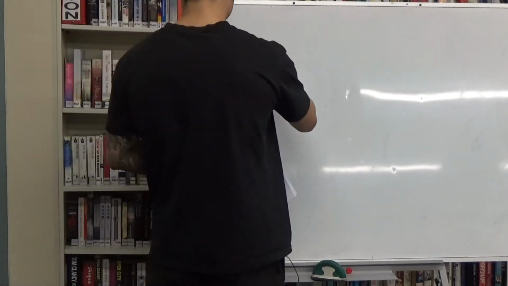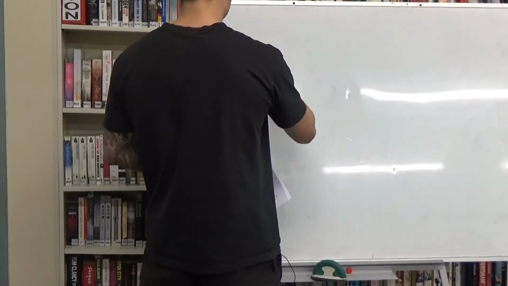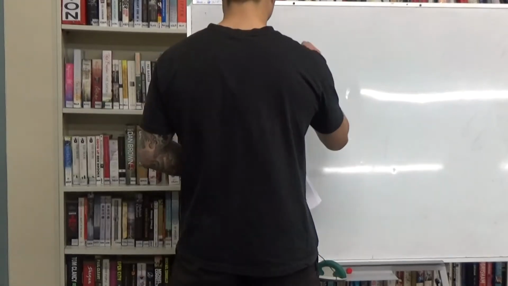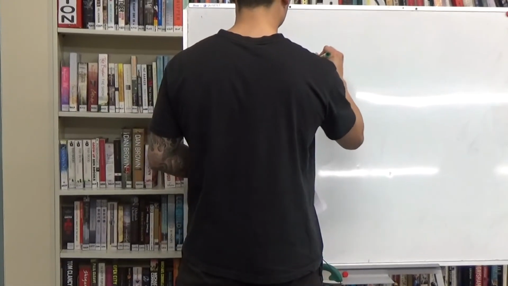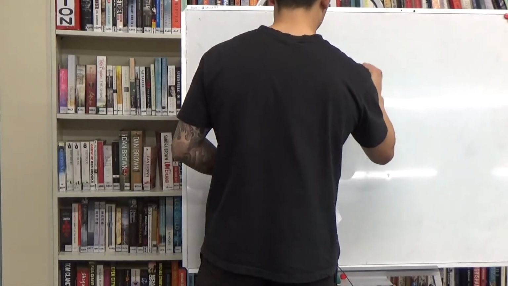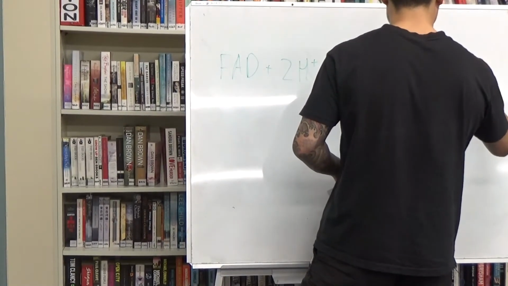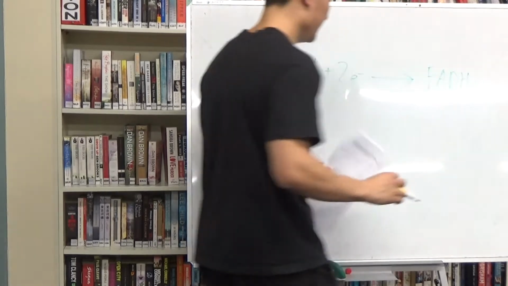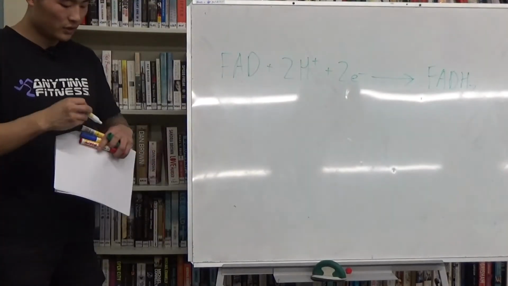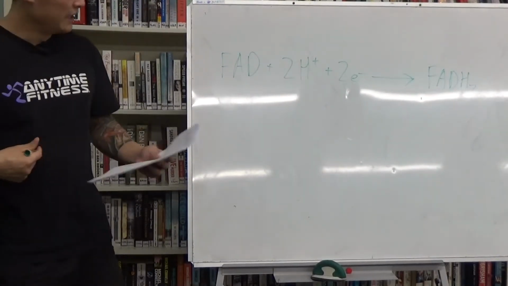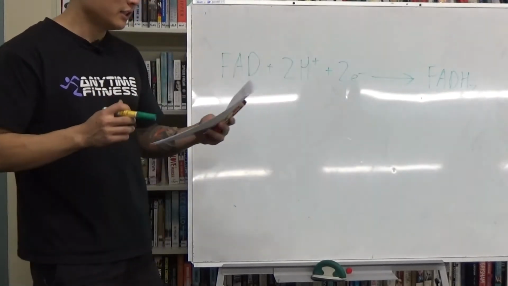So FAD will pick up 2 protons and 2 electrons and turn into FADH2. And you'll learn more about this later on.